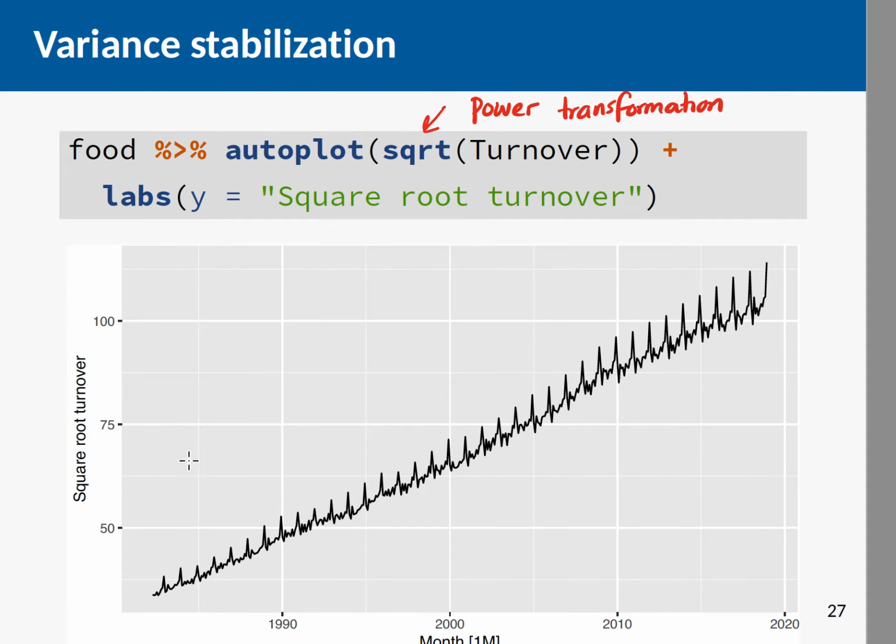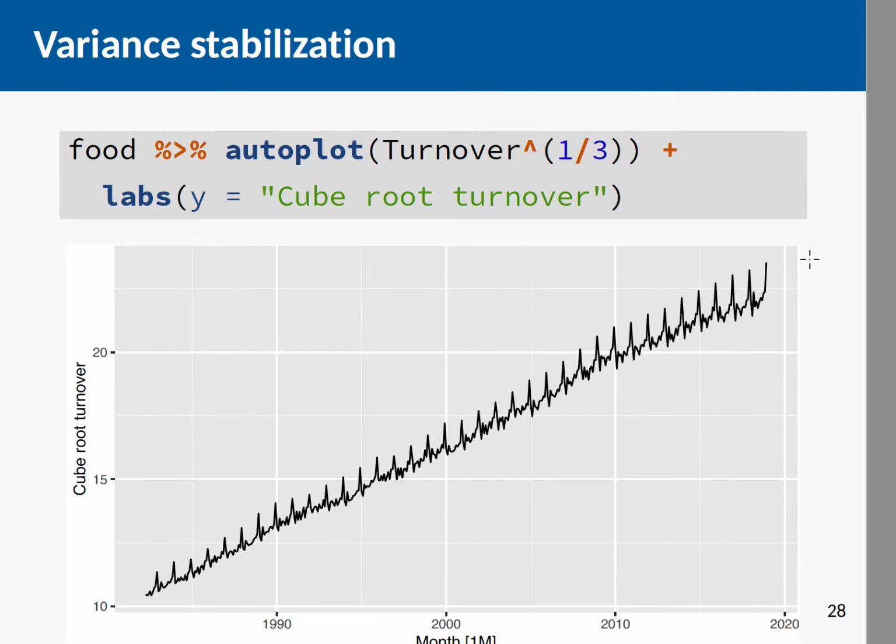So as we take the square root, the variations that we see are being equalized across time. Now, we can also see the cube root. So here is the cube root of that series. And this is again interesting because it does morph the series in a different way.